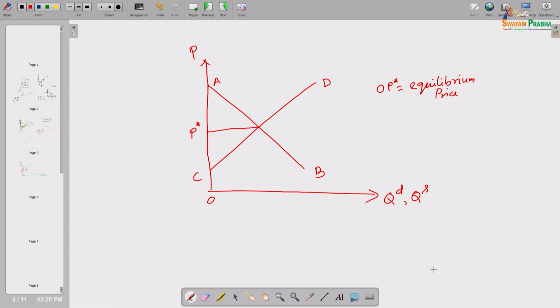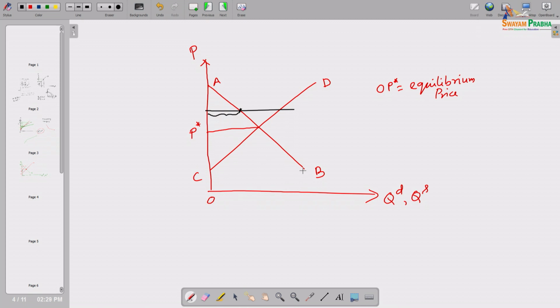Now, why is this the equilibrium price? We are trying to understand that in a slightly different way. Let us take one price level which is above this price, say this price level. Look here, at this price level this much quantity is demanded in the market, because AB is the market demand curve.